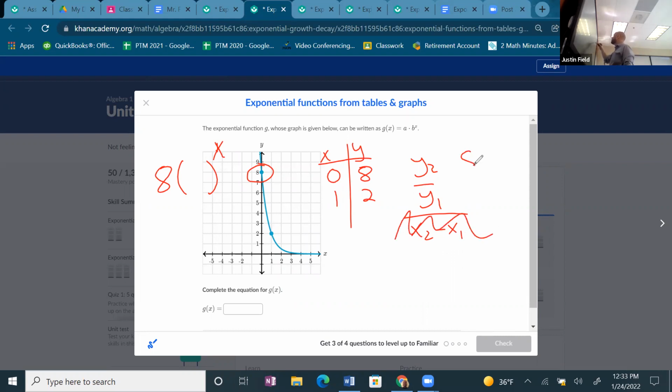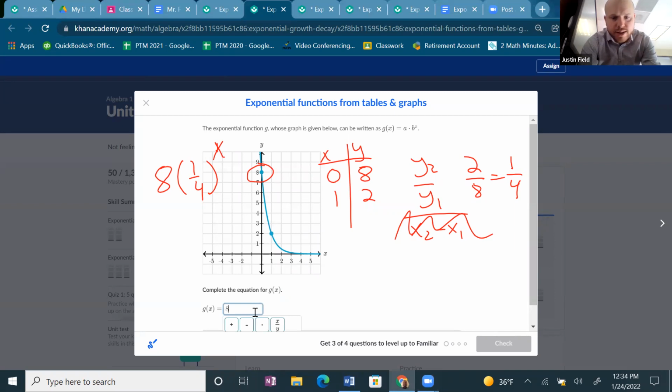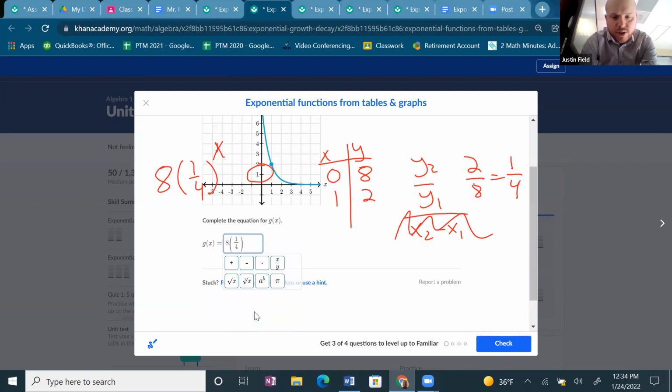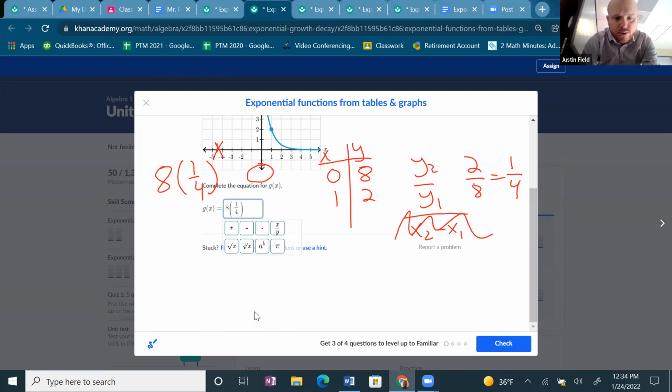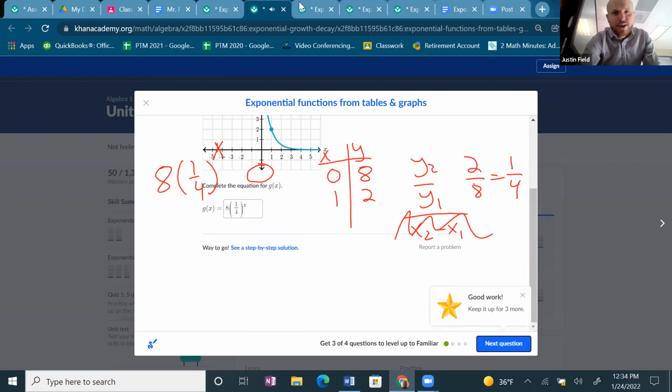So it's 2 over 8, which reduces to 1/4. That means this function is 8 times 1/4 to the x.